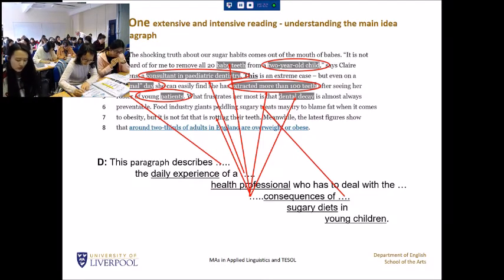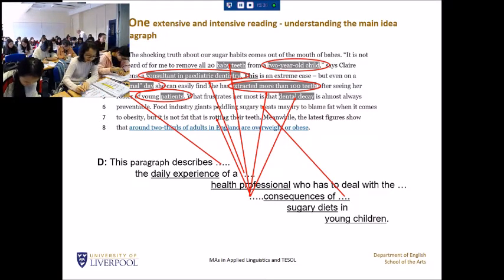Declining consumption of sugar. Okay, that's going in the right direction. It's a bit worthy. That's good. Ideally, you need a function. Something like that. The problem, this paragraph describes the problem, but how does that carry on?